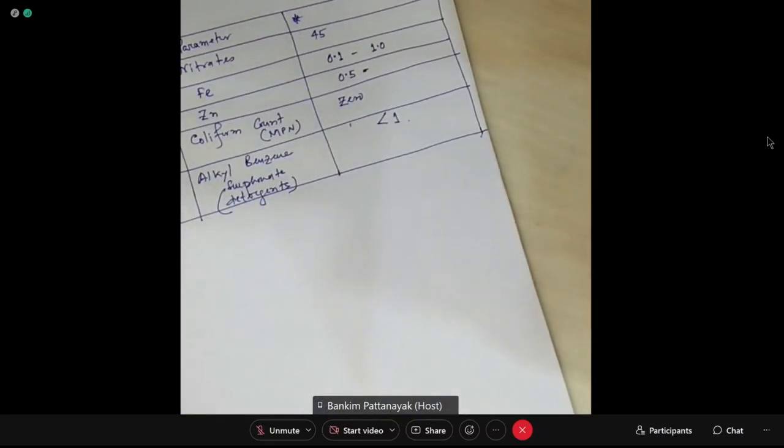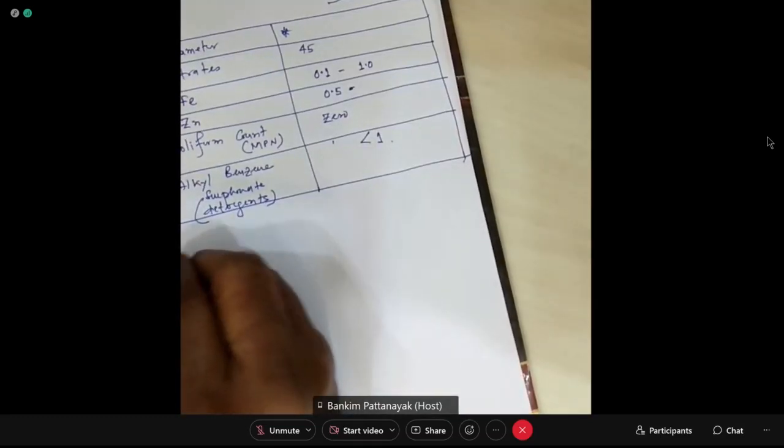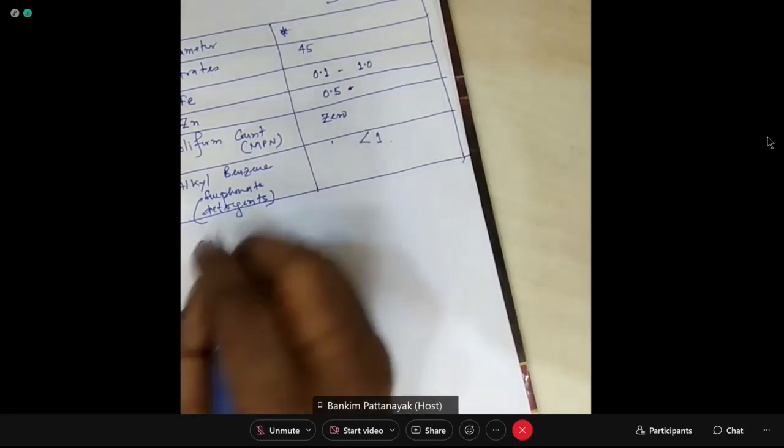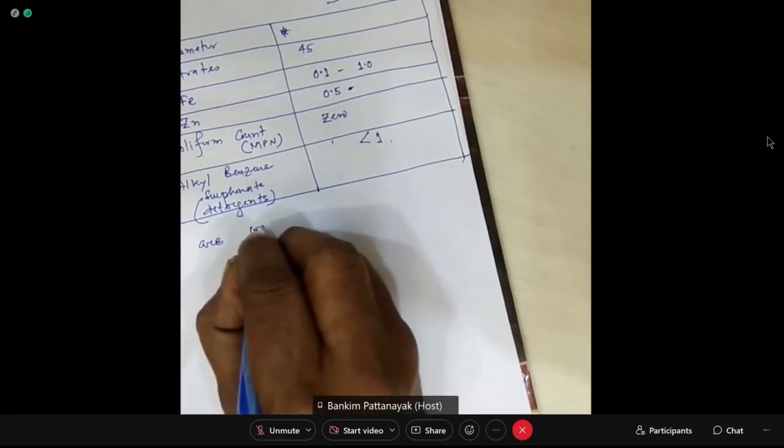Now, water quality for other purposes we need not know. This is industry specific. For example, if you are using water for textile purposes, there are certain specifications.